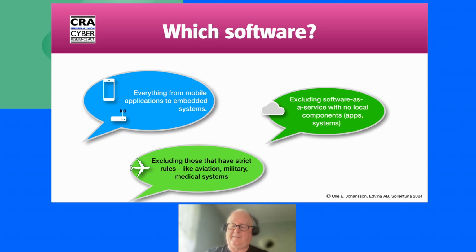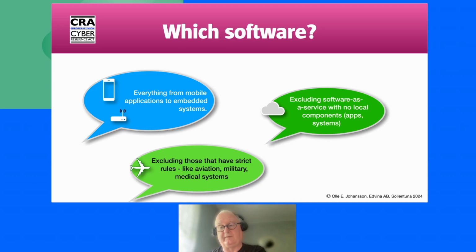The only exception here is if you sell software that depends on a cloud service. You sell a game, a local game app that relies on a backend service in the cloud, then the backend service also will be managed under the Cyber Resilience Act.